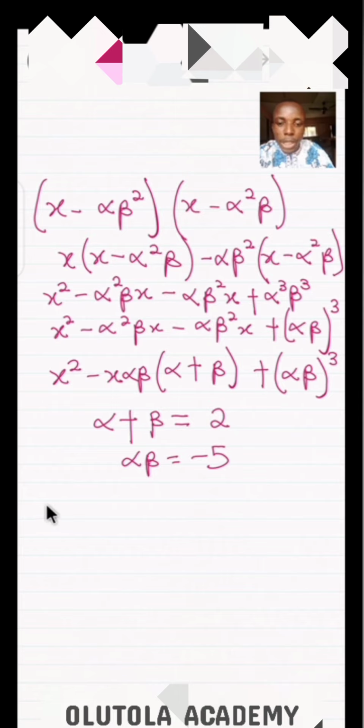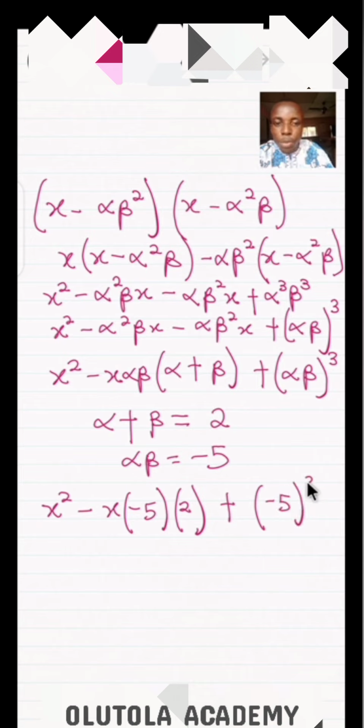So I'll do that. I have x squared minus x into bracket minus 5 into 2, plus minus 5 cubed. Alpha beta is minus 5, alpha plus beta is 2. So I'll go on.